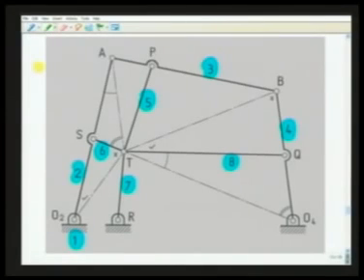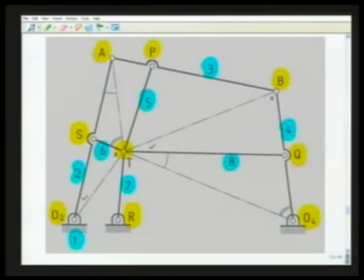These 8 links are connected by revolute pairs, one at O2, at S, A, P, B, Q, O4 and R. So there are 8 simple hinges, and there is a higher order hinge at this point T where 4 links, namely 5, 6, 7 and 8 are connected.